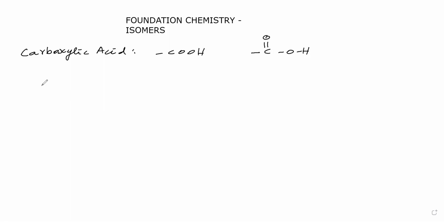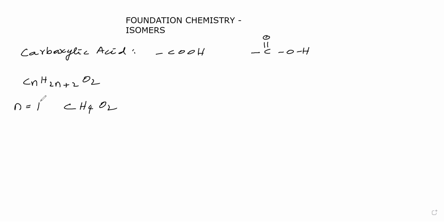So now we will take the isomers of this carboxylic acid. We will take the formula CnH2n+2O2.